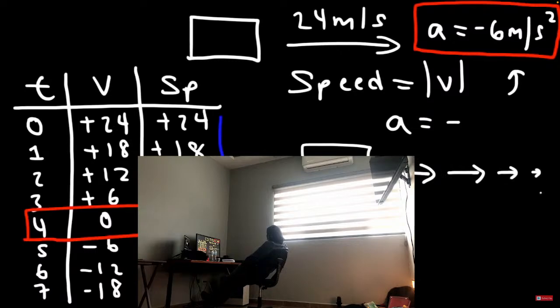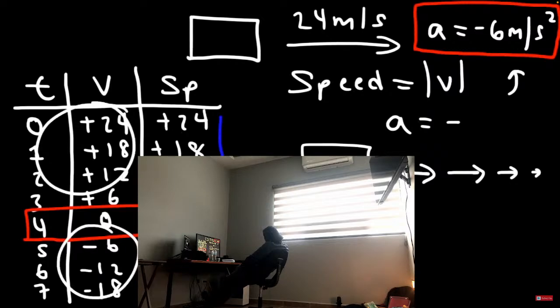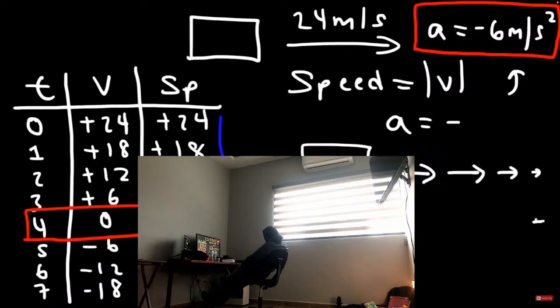And so at 4 seconds, at that instant, it's not moving. However, it's changing direction. Notice the velocity is going from positive to negative, which means that it's changing from an eastward direction to a westward direction. And it begins to move faster towards the west. So as you can see, it's speeding up because the speed is increasing after 4 seconds.